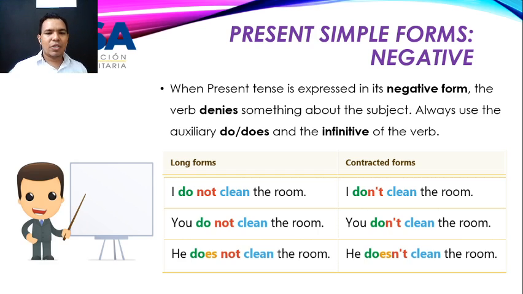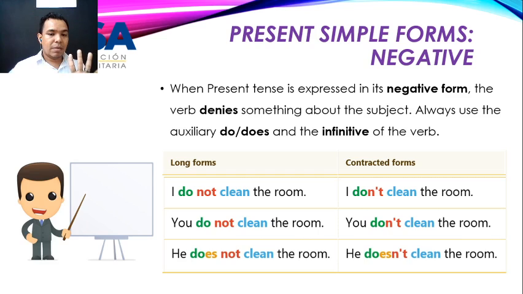I deny the action. And for that reason, I need an auxiliary that is do or does and the negation that is not. So in negative sentences, we have this order: subject, auxiliary, not, verb, and the complement.